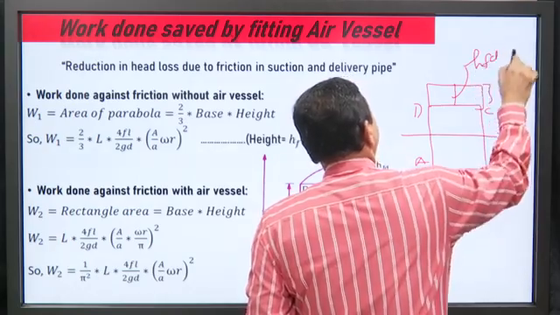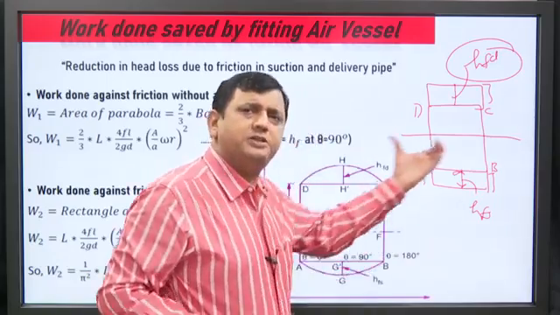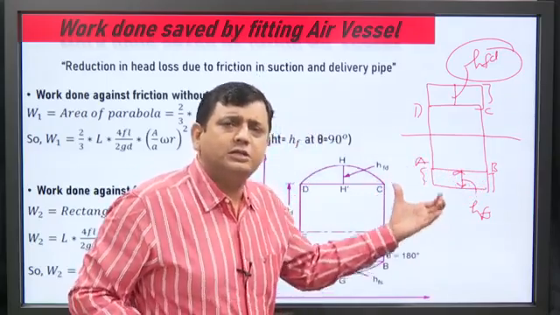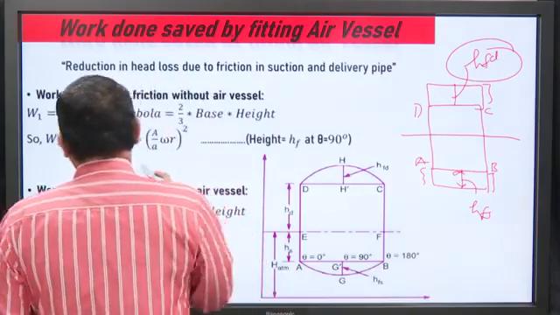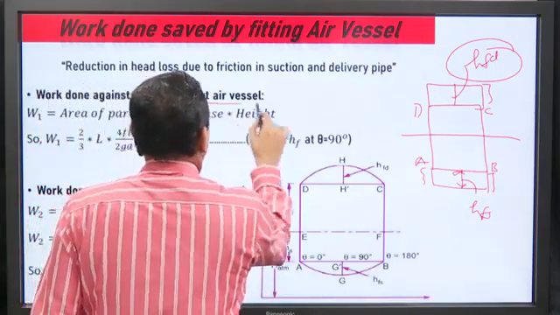This rectangle is with air vessel, and the other is without air vessel, and we compare the power consumed: the work done against friction without air vessel.